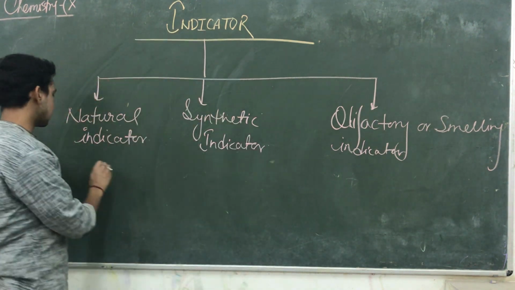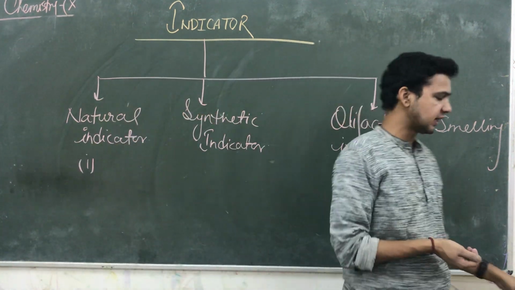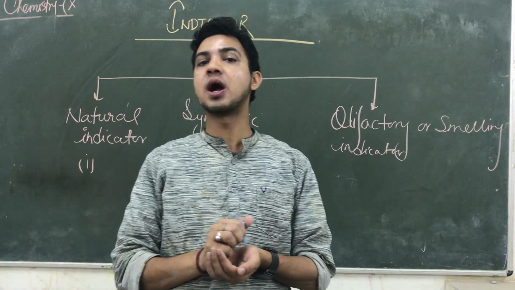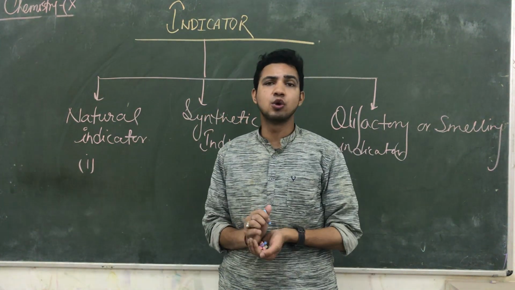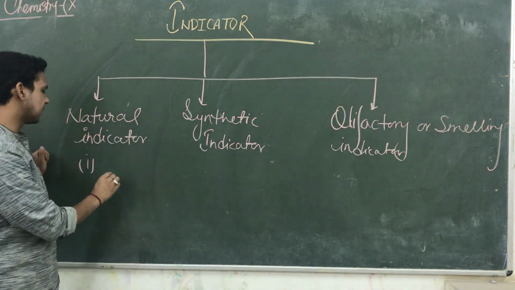What is a natural indicator? Those chemical substances or indicators obtained from nature or the surrounding atmosphere, from plants and animals, are known as natural indicators. The example is turmeric.